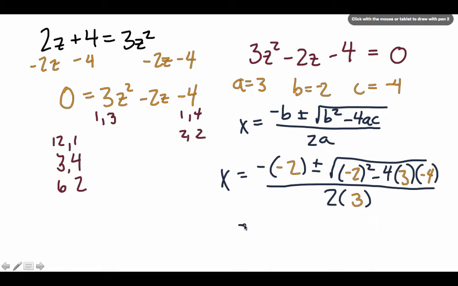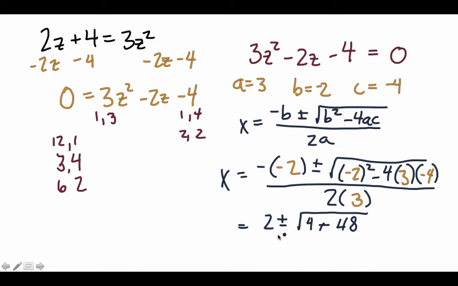So we get x equals the opposite of negative 2, that's 2, plus or minus the square root of negative 2 squared, that's 4, minus 4 times 3 times negative 4, that's plus 4 times 3 times 4. 4 times 3 is 12, 12 times 4, 48, all divided by 2 times 3, which is 6. I'm going to clean this up, write it over here, and then we'll simplify on the next screen.